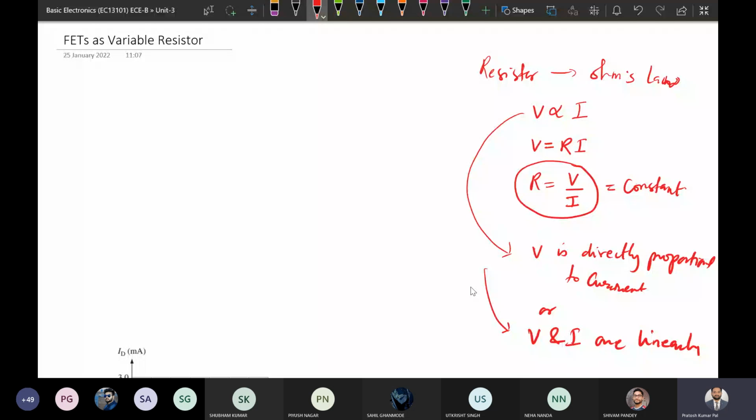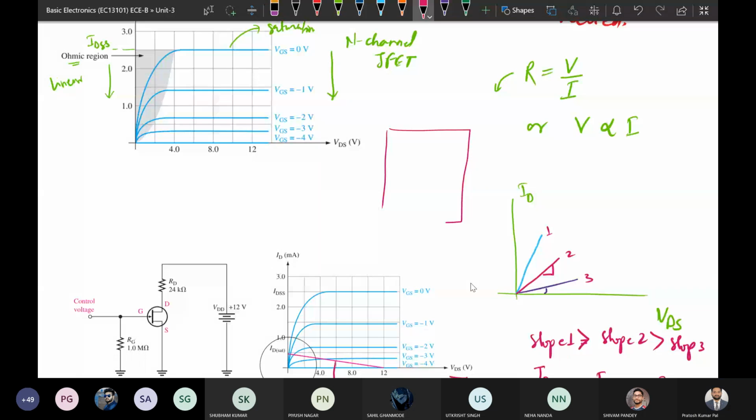We have also discussed that if the gate to source voltage is 0, there will be some depletion layer here, and there will be a current, with a flow of charges, because the drain is positively connected.